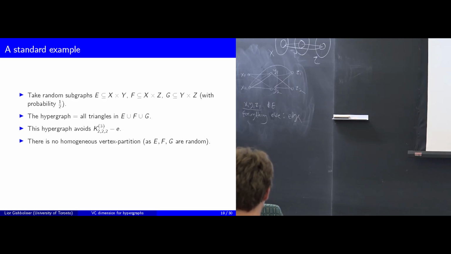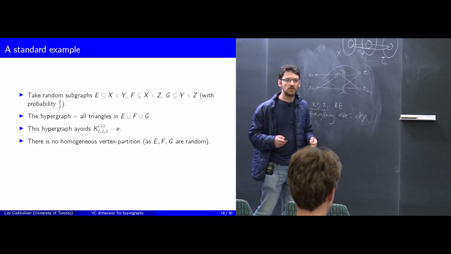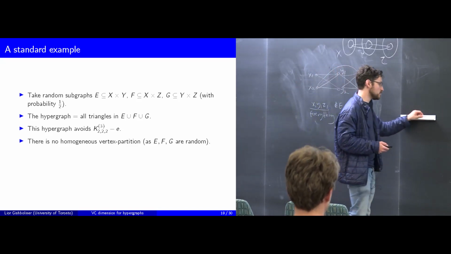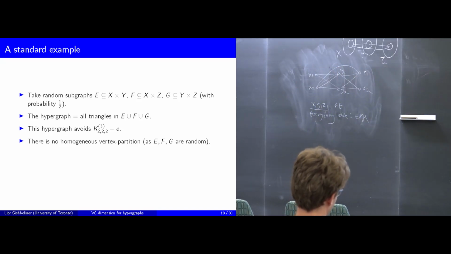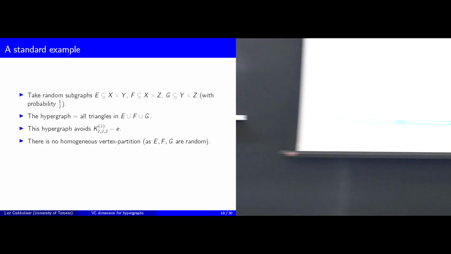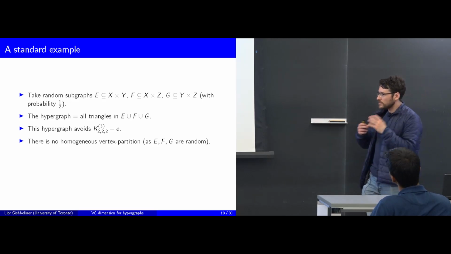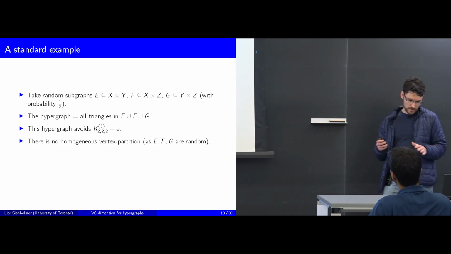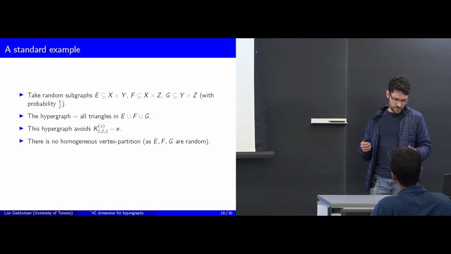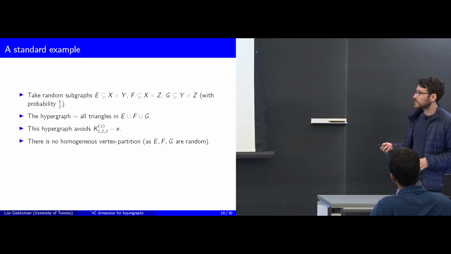So you'll still have many edges, and you will also have things which are not triangles, so you'll have many non-edges. So you cannot have density 0 or 1. So somehow vertex partitions are not the correct notion for VC2 dimension. Okay, and again, this is a standard example that shows that hypergraphs behave differently.